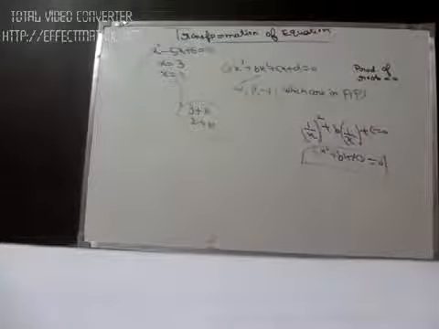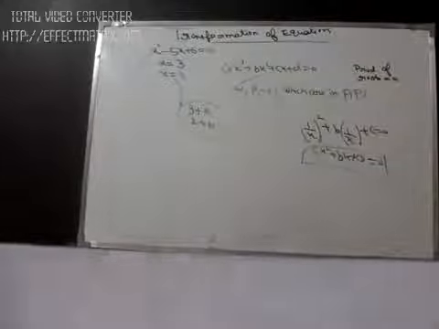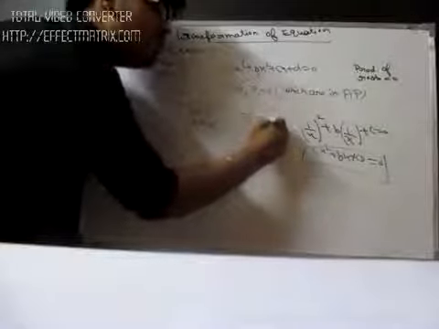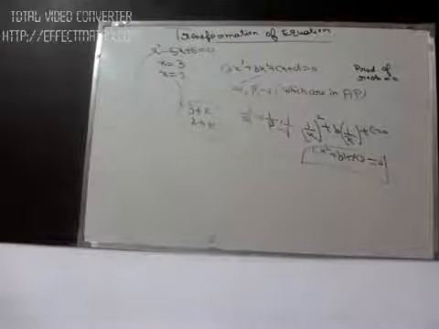AP is just the reverse of HP, so we just want to find the equation whose roots are 1 upon alpha, 1 upon beta and 1 upon gamma. So we want the reciprocal of these roots. So just replace x by 1 by x.